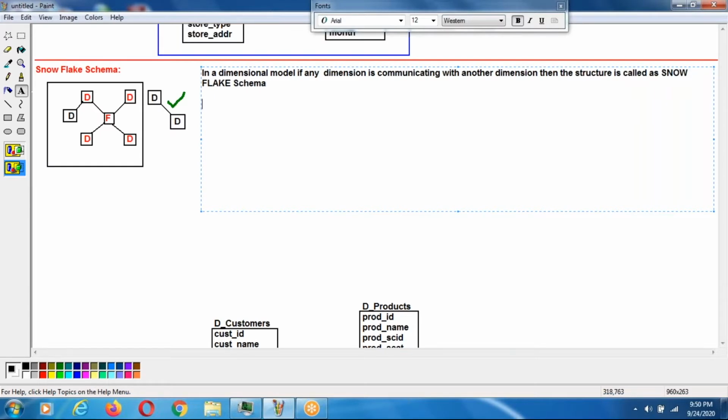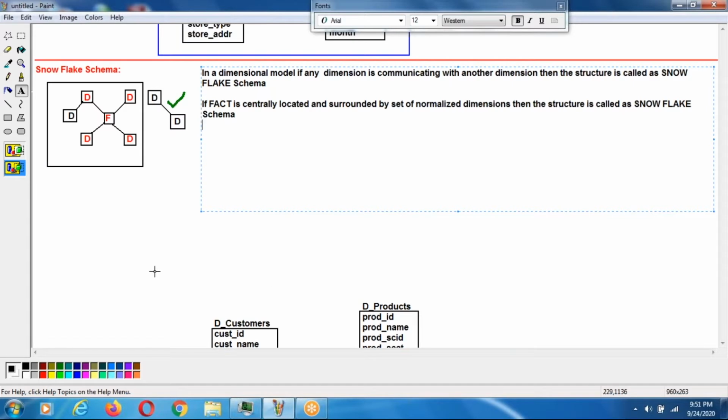Or in another way, if the fact is centrally located and surrounded by a set of normalized tables, normalized dimensions, then the structure is called snowflake schema. Clear?